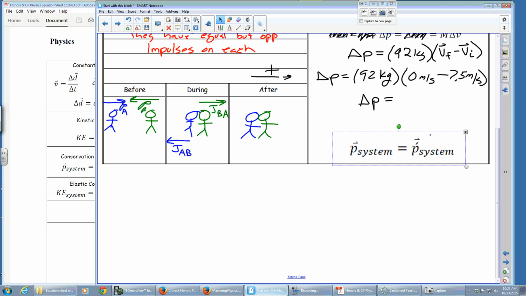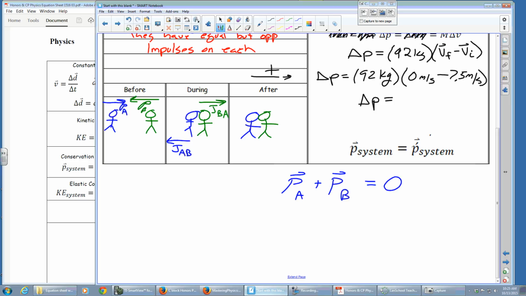Beforehand, we have the momentum of A plus the momentum of B, notice my vector symbols, equals, what's my momentum afterwards? 0, right? Because they have no momentum afterwards.